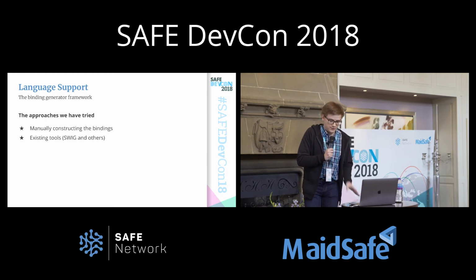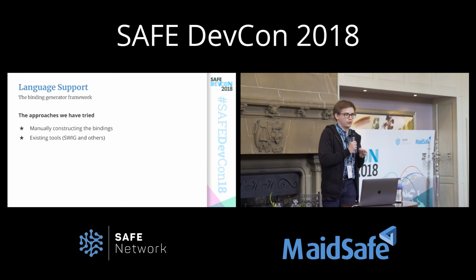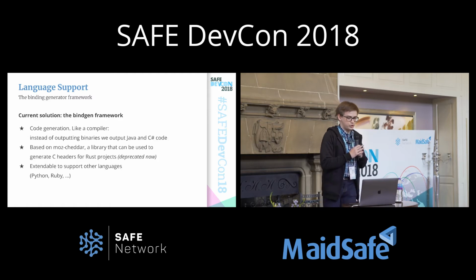And we wanted to have something more modern, something that makes it possible to use, for example, lambdas for callbacks. So ultimately, we decided to take another path with the binding generator approach.